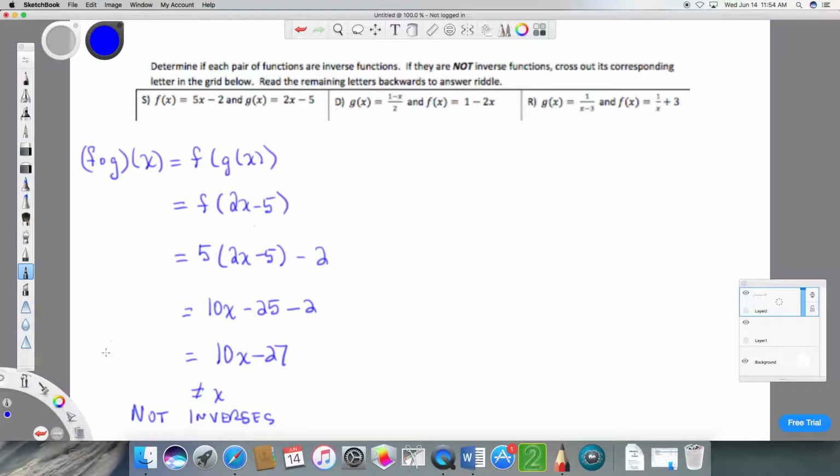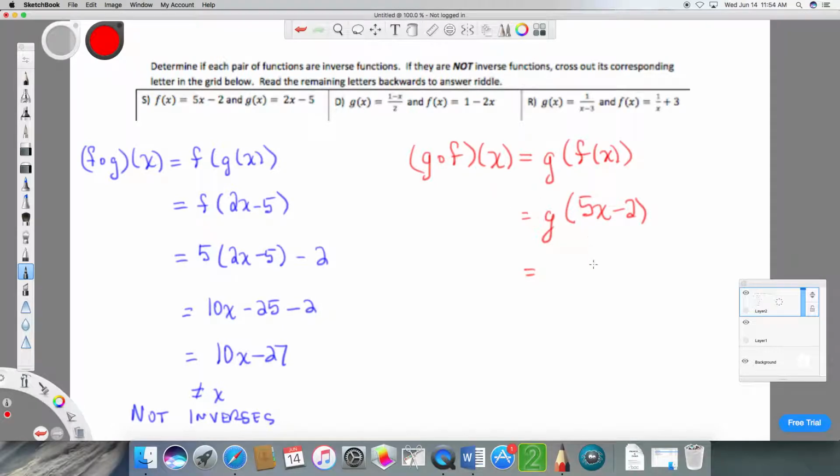I'm going to do the g composed with f just in case somebody had started with it. But I'm expecting this to not be equal to x. So this time the input for g is f, and f is 5x minus 2. So what does g do to this input?